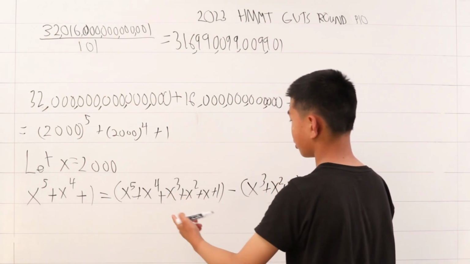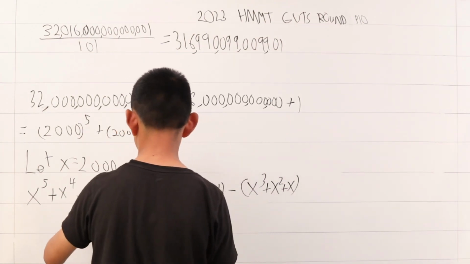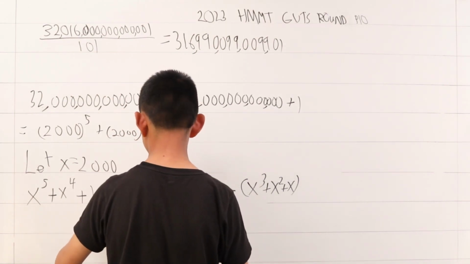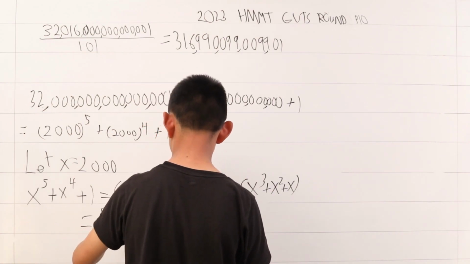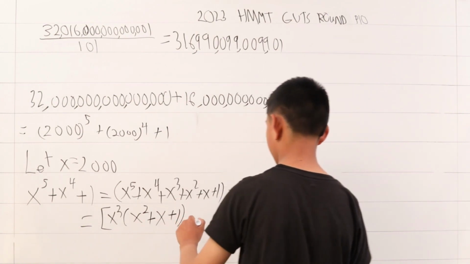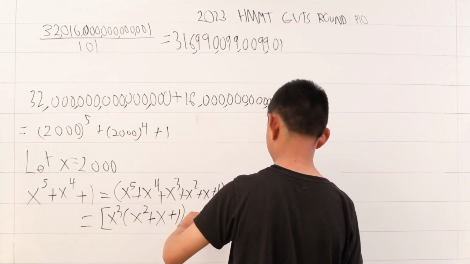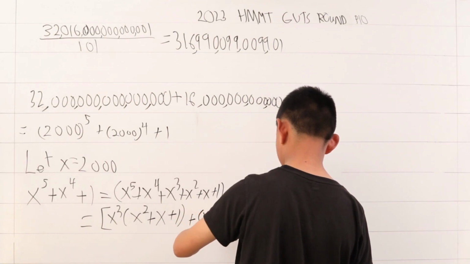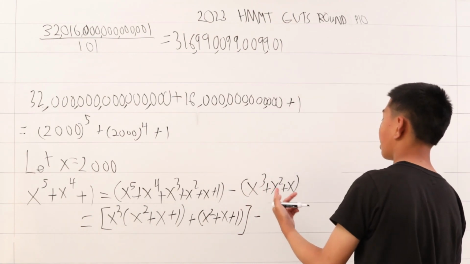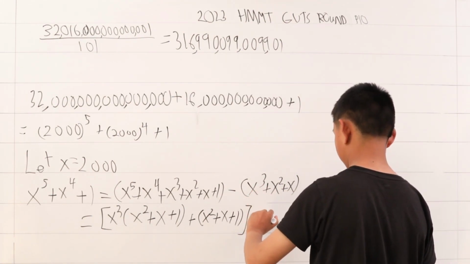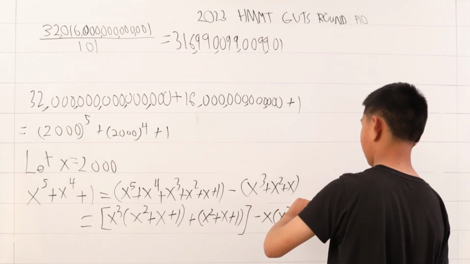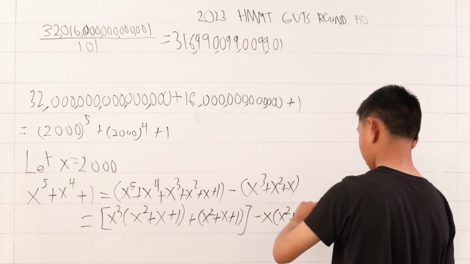And from all of this, we can take out a common factor. With these first three terms, we can take out a factor of x cubed. So it's now x cubed times x squared plus x plus 1, and then you add x squared plus x plus 1. And now you might take out the x, so x squared plus x plus 1.